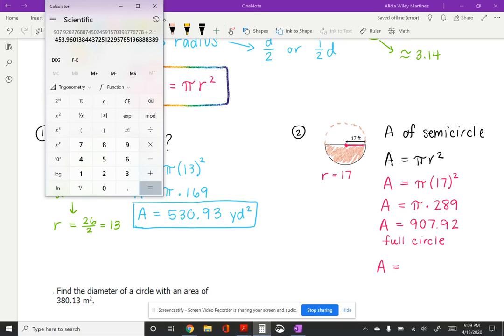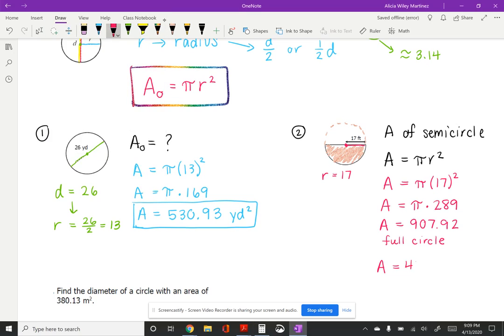So that's 453.96. Right? So again, what you're doing here is you're taking this value and dividing it by 2 to get this answer here. And since it is area, it's always squared units, so it's feet squared. So there's your answer.